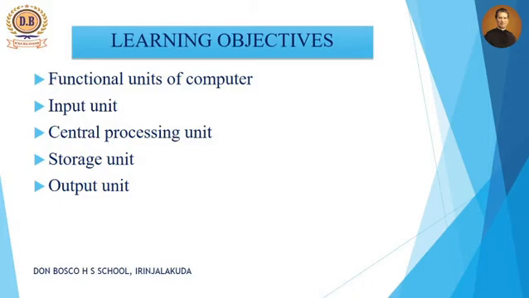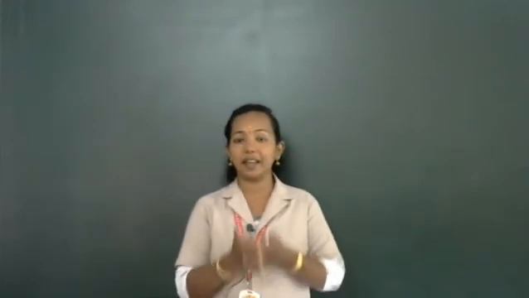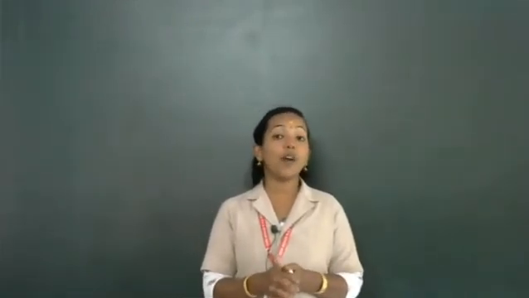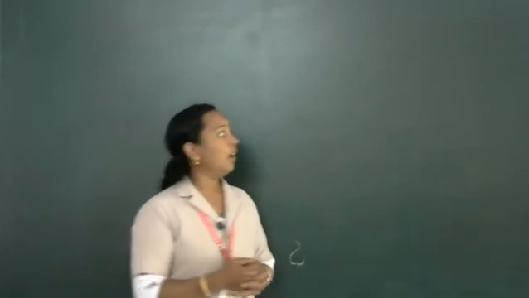Computer consists of input unit, processing unit, storage unit and output unit. With the help of a block diagram, I am going to explain all these units. It's a very important question: functional units of computer, or what are the different units connected in a computer.